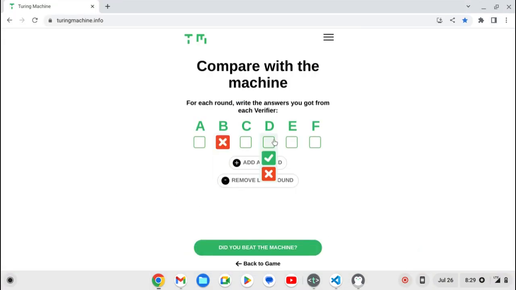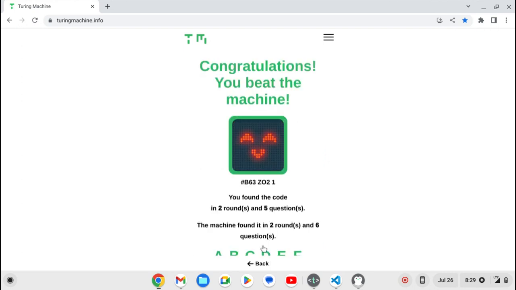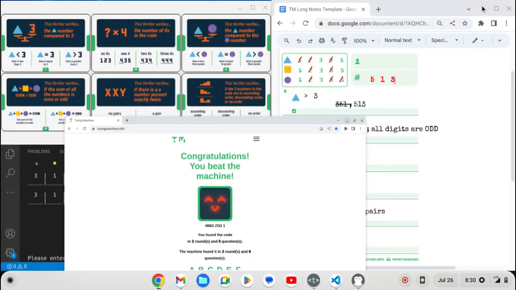So we beat it by one, right? That one criteria card, the no order, the one that we deduced, really helped out.